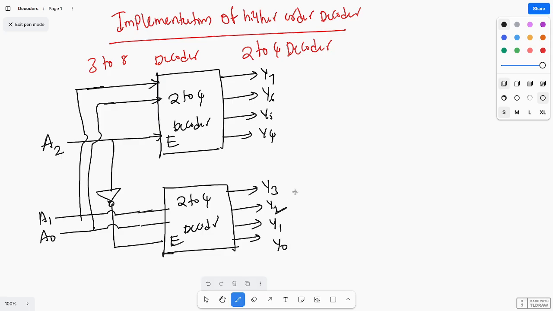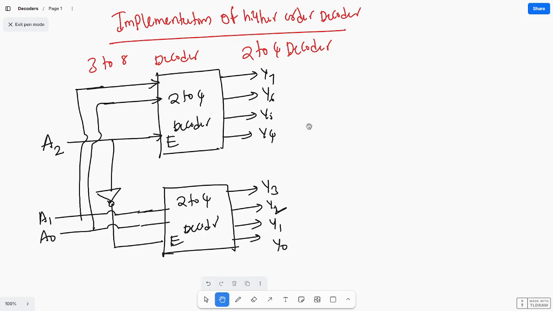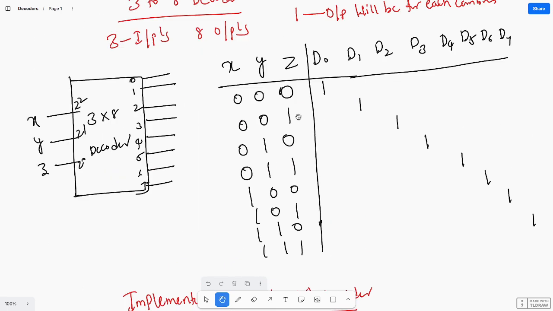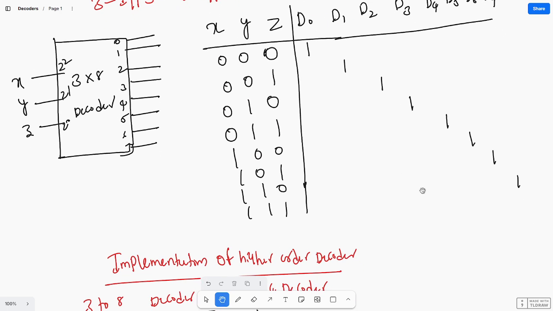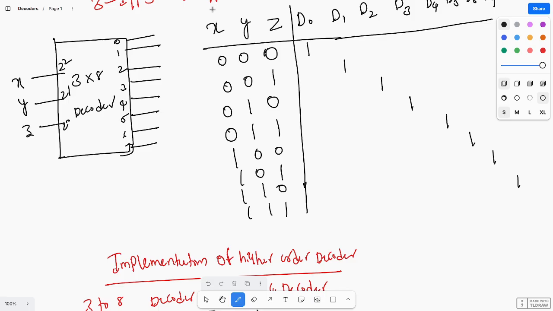See this truth table, we already saw the 3 to 8 decoder, no? Here I can consider these as A2, A1 and A0.